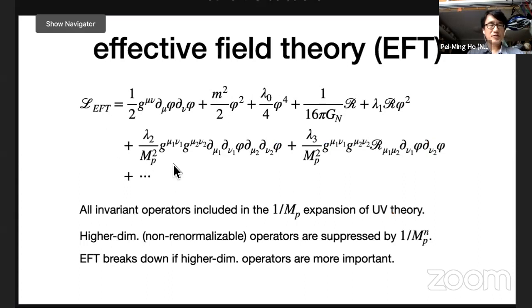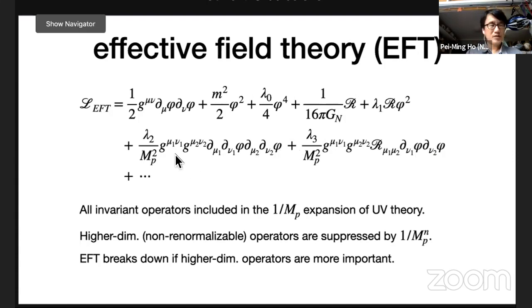In general, when you have a low energy effective field theory, in principle you not only have the free field part and renormalizable interactions, but also curvature tensors and higher derivatives of the scalar fields. All these terms should appear in the effective field theory.